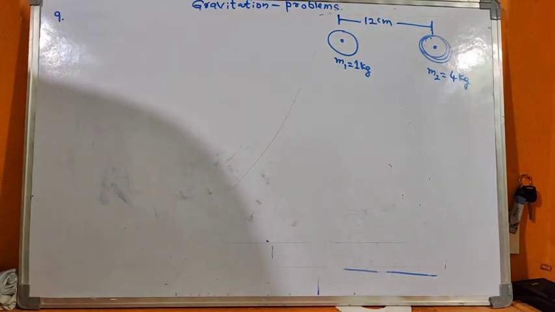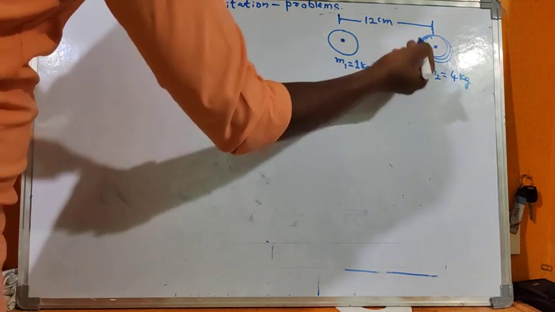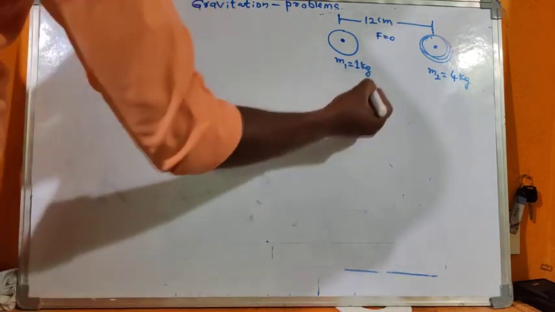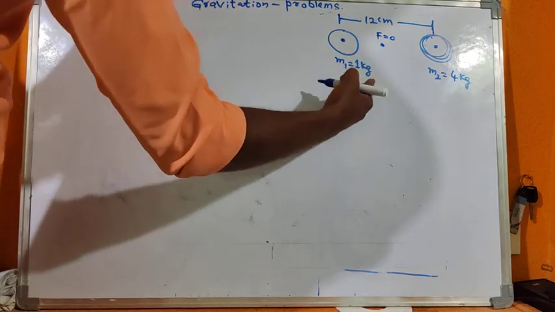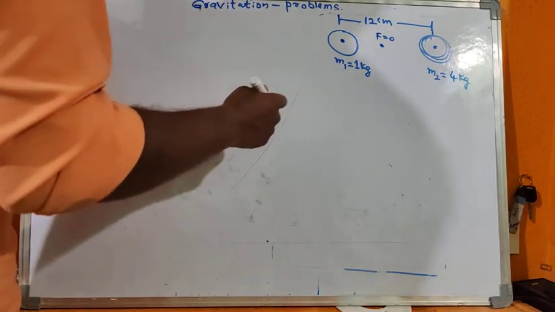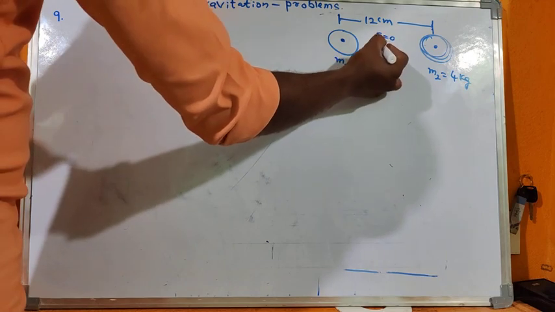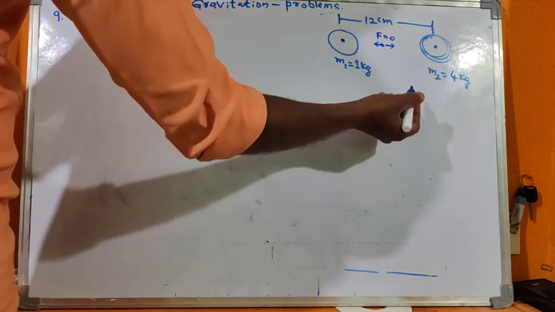Then we have to find the distance of a point from the 1 kg mass at which the gravitational force on any mass becomes 0. Somewhere between these two, the gravitational force by the 1 kg and the gravitational force by the 4 kg are the same in magnitude and opposite in direction.